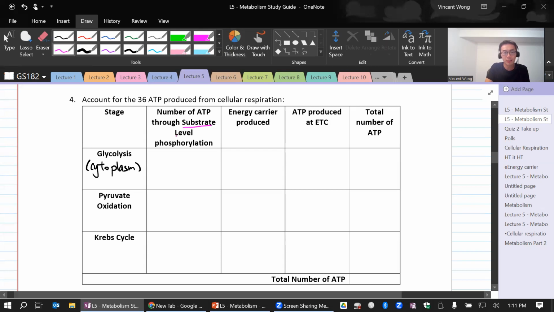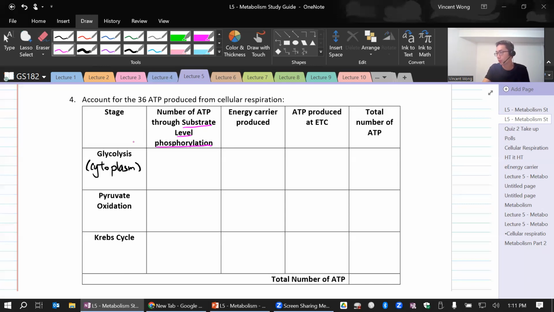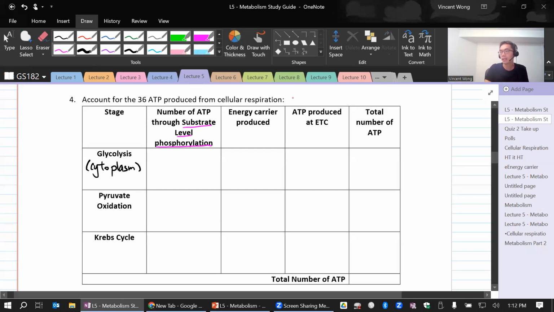We learned that on Tuesday. How many ATPs are produced through substrate level phosphorylation in glycolysis? 4 in total, that's right. But if we take away the one that we invested, how many net?